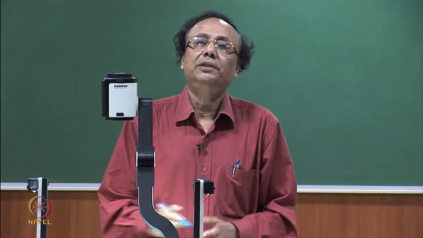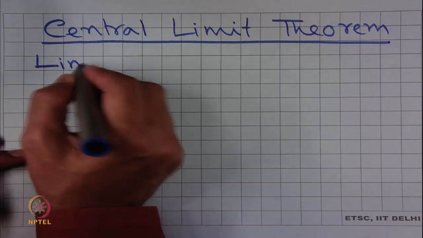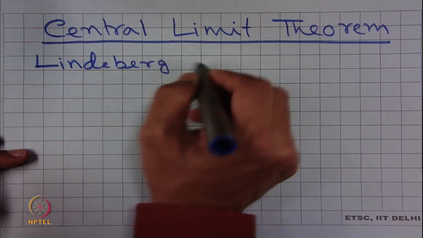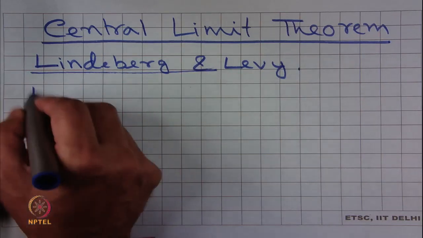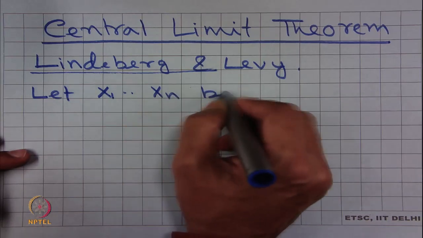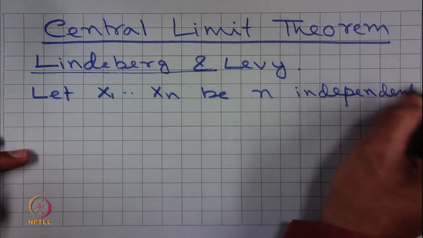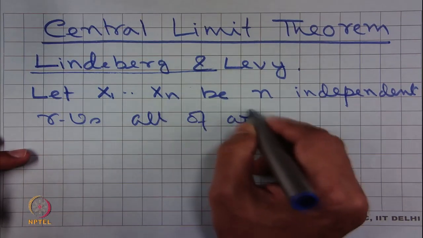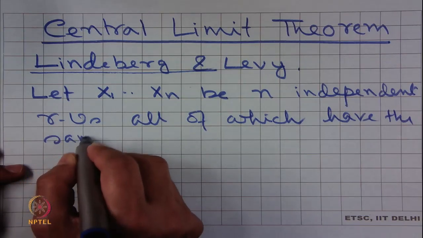There is not a single central limit theorem, there are different versions, but the simple version that we will be using is by Lindeberg and Levy, and it says that let x 1 to x n be n independent random variables, all of which have the same distribution.